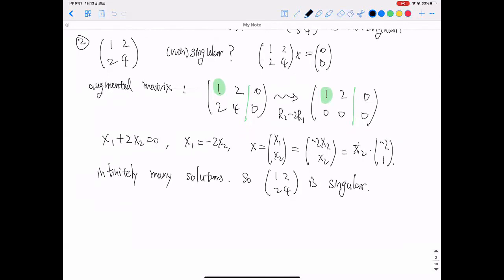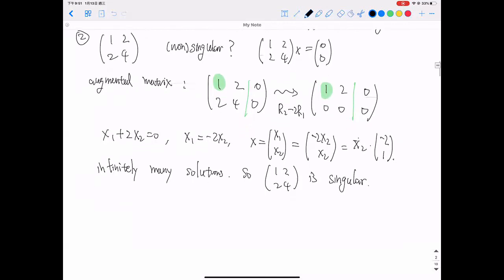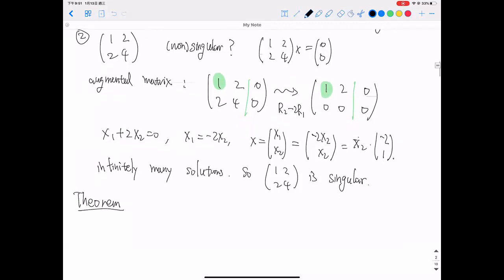Now, we're going to be interested in the following result about non-singular matrices. So state this as a theorem. Let A be an n by n matrix.